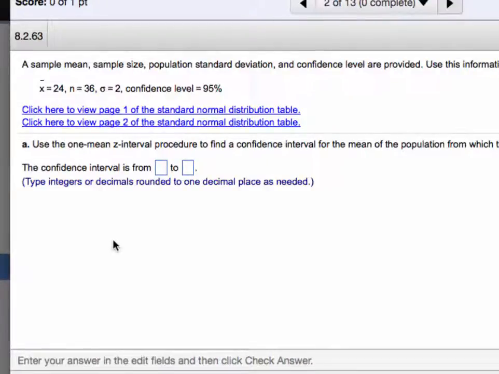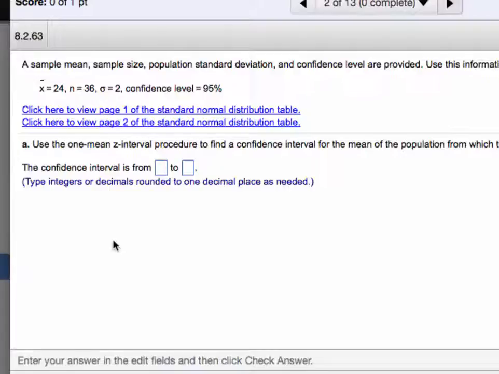Okay, so we had a sample size 36, and we got the sample mean to be 24, which would be our what? Our point estimate for the population mean, right? That'd be our best guess of what the population mean is, and that's what this is all about. We take a sample and we're trying to infer about the population from the sample, right? So our best guess at the population mean would be 24.